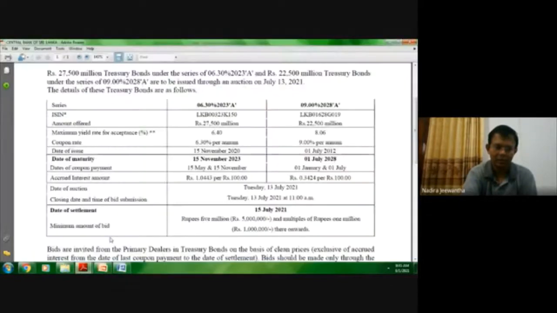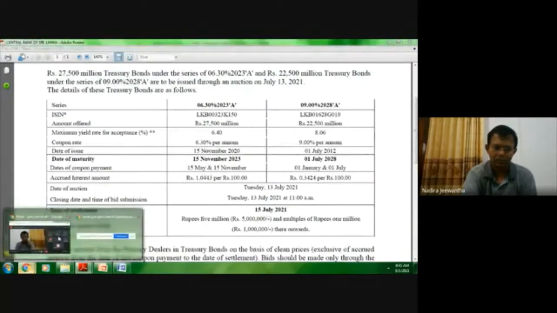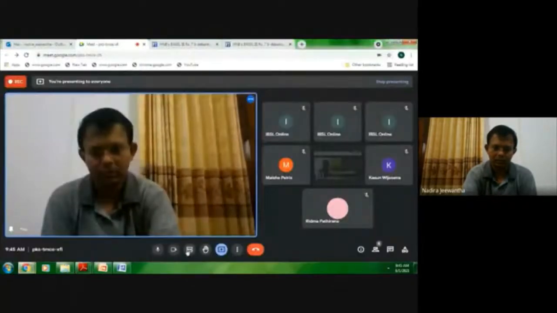So pricing of debentures and pricing of treasury bonds are similar, but the features are different.